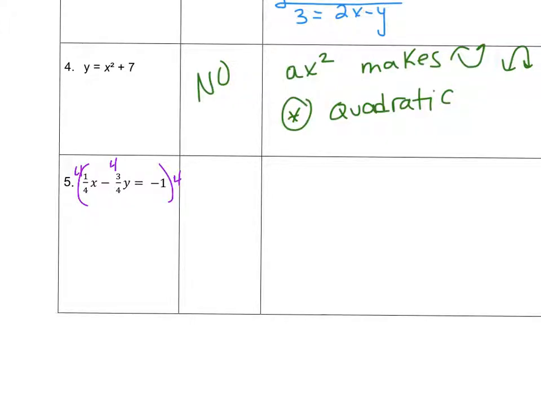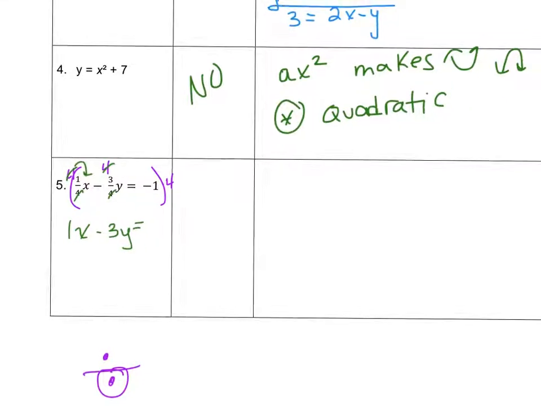And remember, the reason we do that is because a denominator is really division, and to undo division you multiply, and you undo the division of the denominator by multiplying by the denominator. So I'm going to multiply everything by 4. This is going to just give you 1x. The 4's divide away, give you minus 3y equal negative 4. So yes, it's linear, and it's already in standard form once I do that.